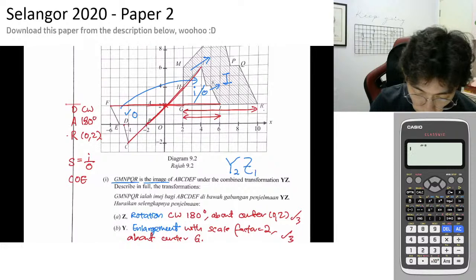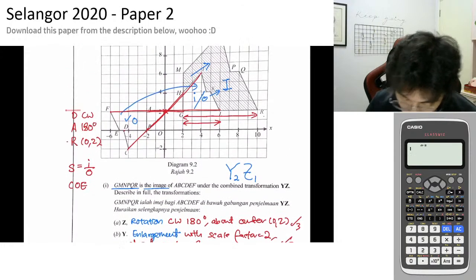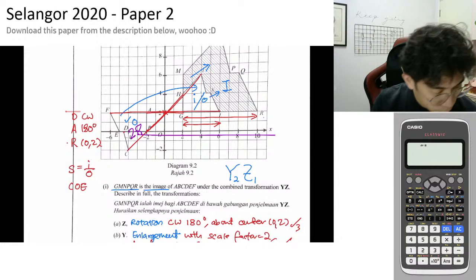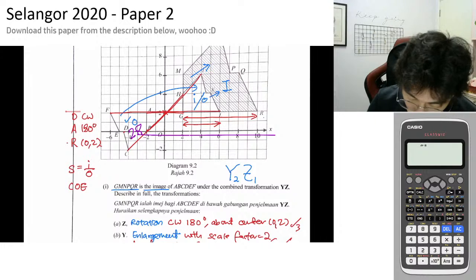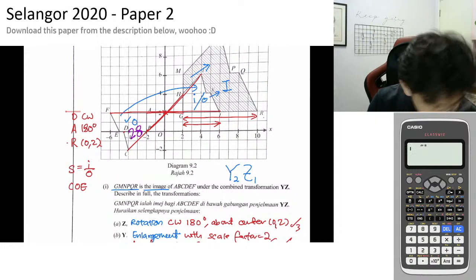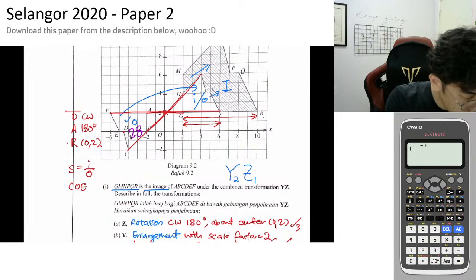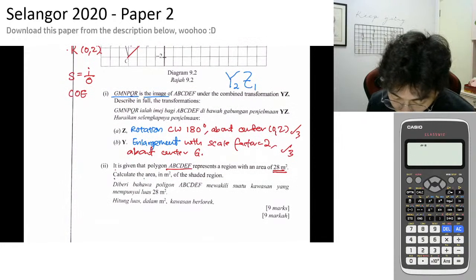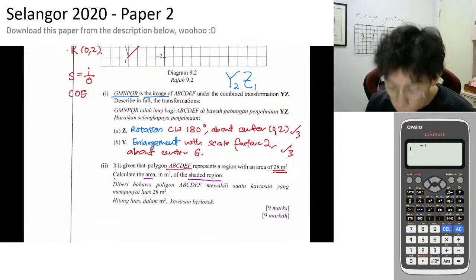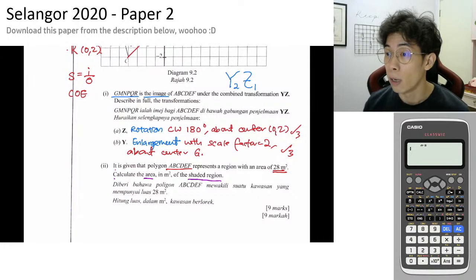I'm going to write it over there. 28 for your A, B, C, D, E, F. After you put the 28 there, the next part, they mention calculate the area in meter square of the shaded region.